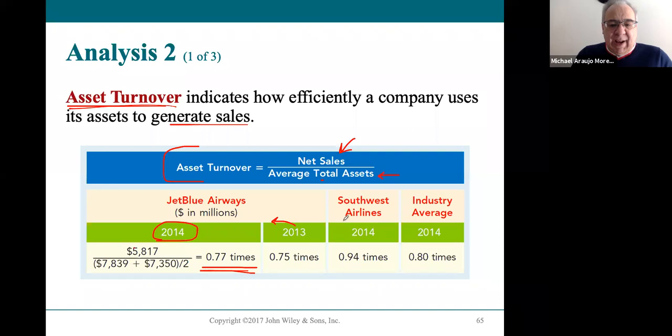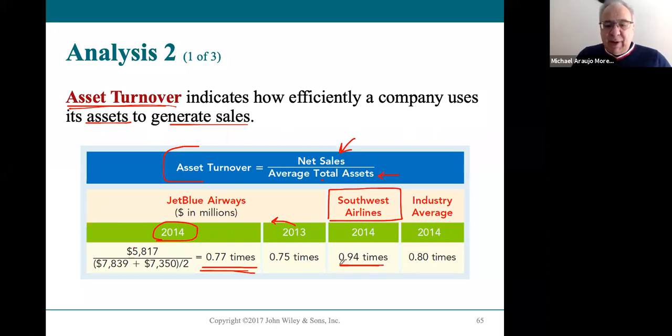But look at Southwest. Okay, Southwest Airlines ended up with an asset turnover of 0.94 times per year, which means in essence, they are generating about 94 cents in sales compared to every dollar in average total assets, which is exceptionally high. They are really using their assets to generate a lot of sales.